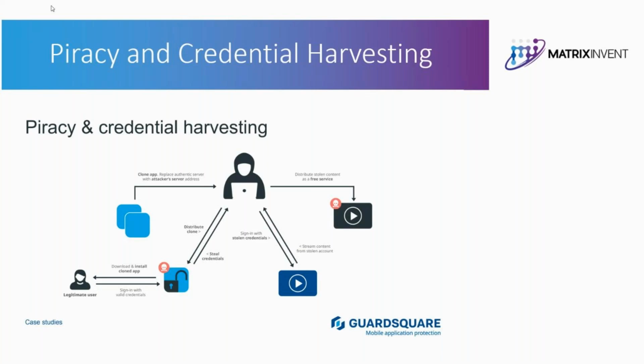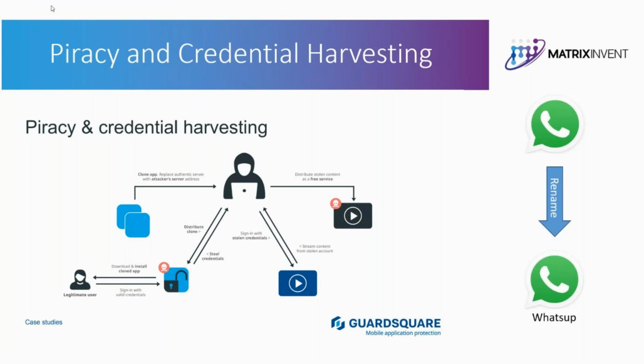For example, the attacker downloads WhatsApp from Google Play Store, injects malware, renames it as WhatsApp, and releases it to Google Play Store or any other store. So, if a user downloads the WhatsApp from Google Play Store, their information can be stolen by the attacker.